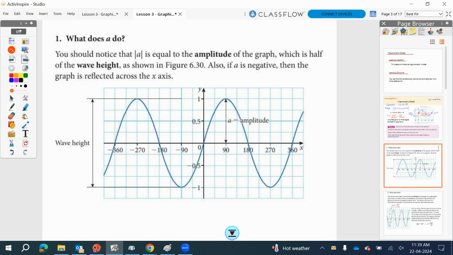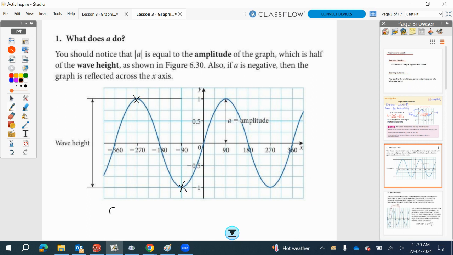There's a summary of this information given here. So we see the amplitude, the wave height. A useful formula to add is that often in a question you're given a maximum and a minimum value. If you're trying to model a realistic function, you know the maximum and the minimum.